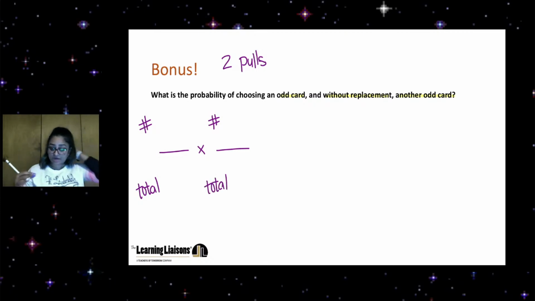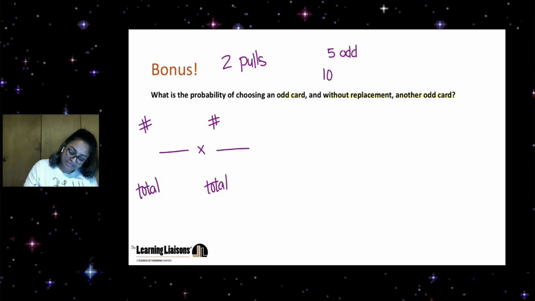Now you ask yourself, what are your chances before doing something? So remember, we have 5 odd and 10 total. So before I put my hand in and change it, I have the chance of pulling 5 odds out of 10 in total, which we learned could be reduced to 1/2. So I'm going to write 1/2.